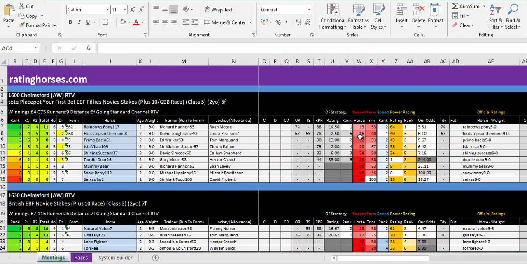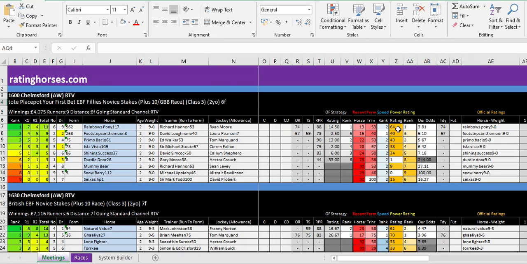We can see that it's the best horse in form at quick glance, and it's probably average or one of the highest trainer RTF figures. The speed rank, there's not a lot to choose between these, obviously, because there's not much data available. But what I'm saying is all the individual criteria within the ratings produced by ratinghorses.com are put in order of importance, and then that calculates a further rating. It's like a strong rating, and that's what we have there.